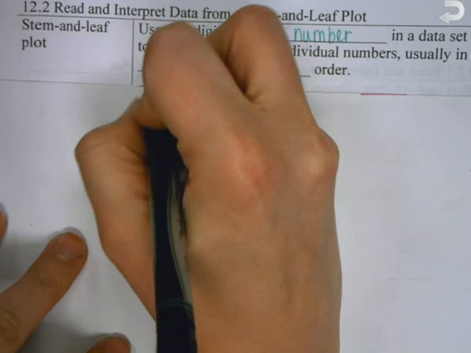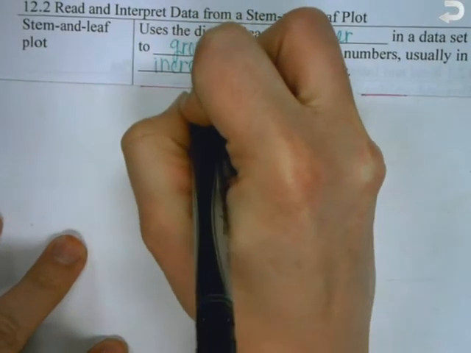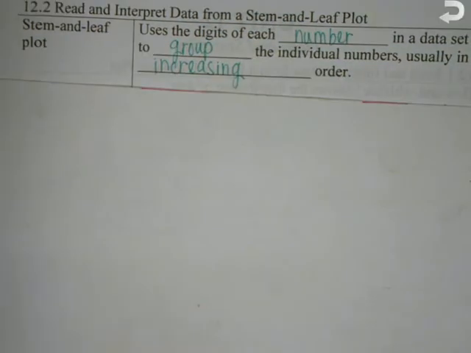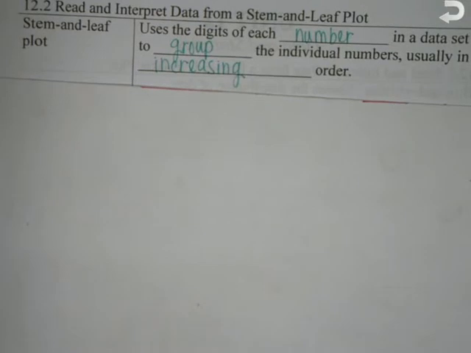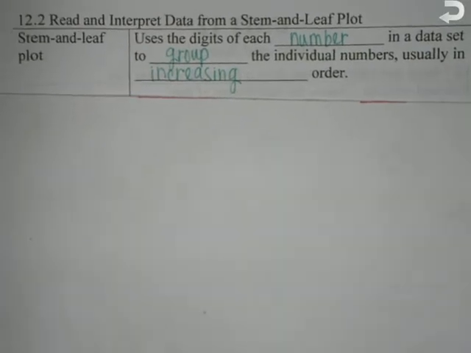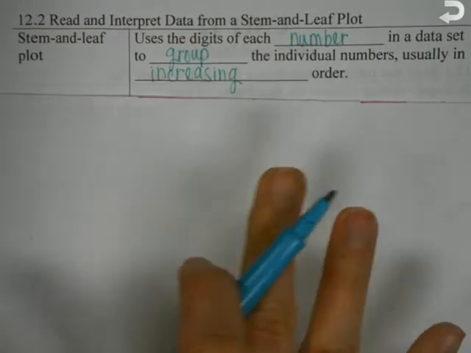That means the smallest first and the biggest last. So we start with 0 and we end at the biggest number, whatever it is.